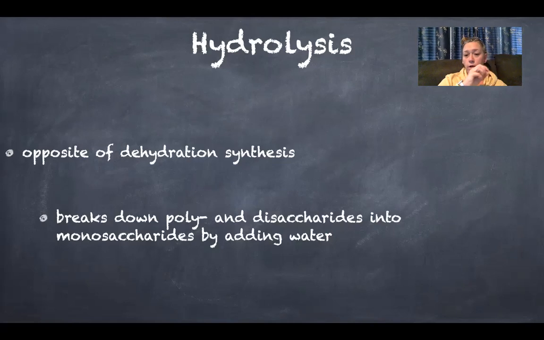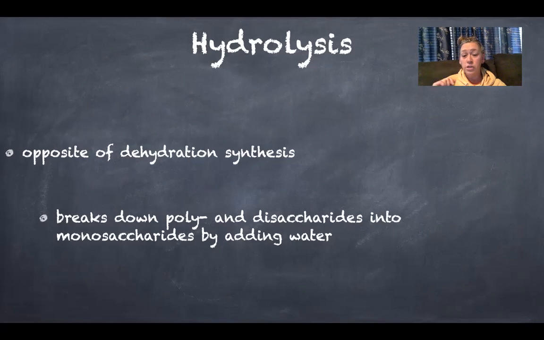We're pulling the water out to create the disaccharide. If we want to go back the other way, what do we have to do? We have to add the water back in. You don't even have to change the reaction, you just switch the arrow. So water plus disaccharide yields monosaccharide plus monosaccharide. You really just turn the arrow around, but we call it a different thing.